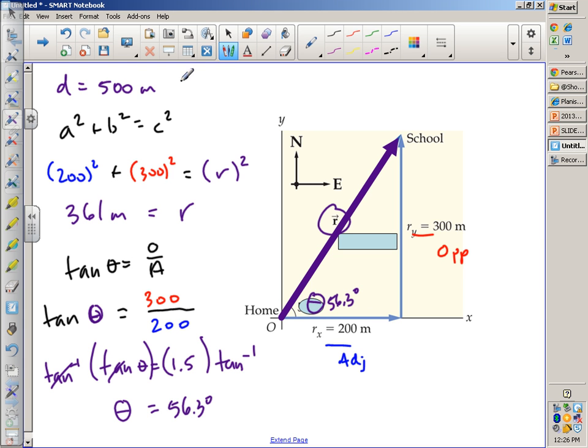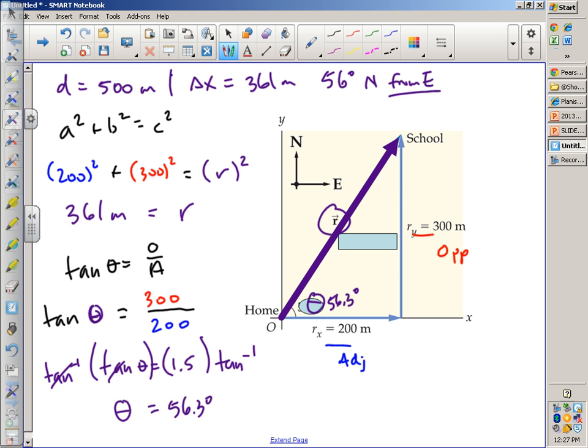So our distance traveled is 500 meters, but our displacement now is 361 meters, 56 degrees north from east. The north from east is there to distinguish which 56-degree angle we are talking about.